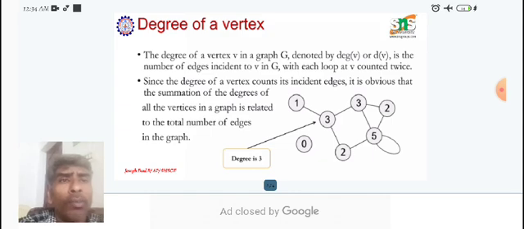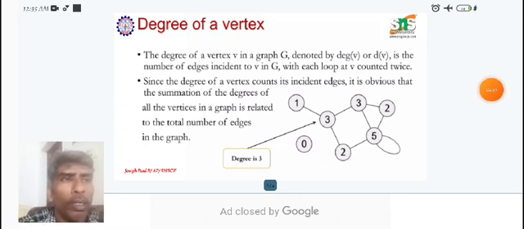Since the degree of a vertex counts its incident edges, it is obvious that the sum of the degrees of all the vertices in a graph G is related to the total number of edges in the graph G. Look at example 1.